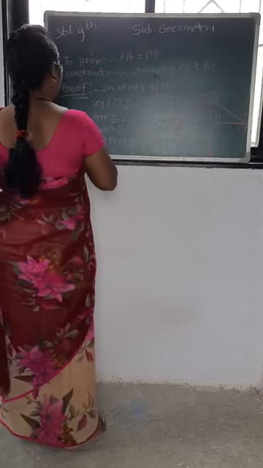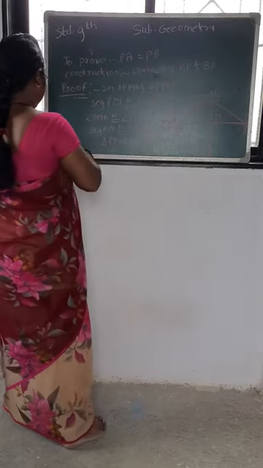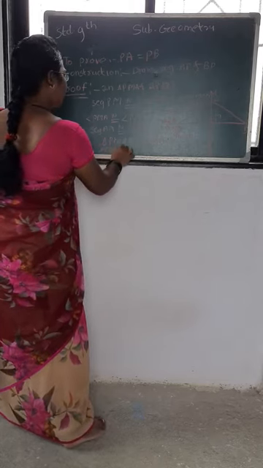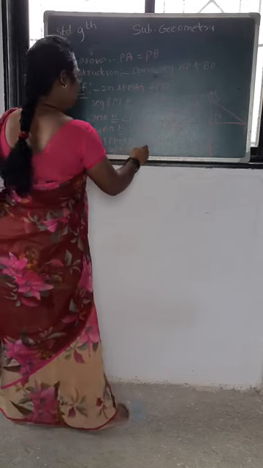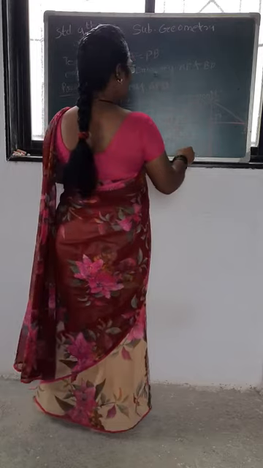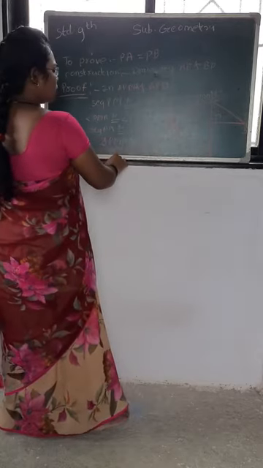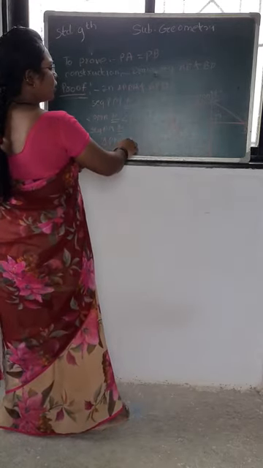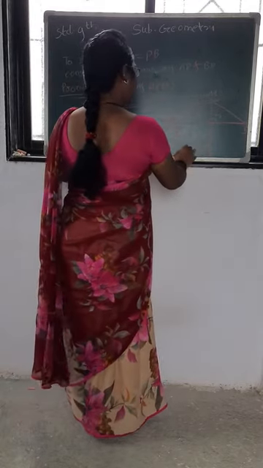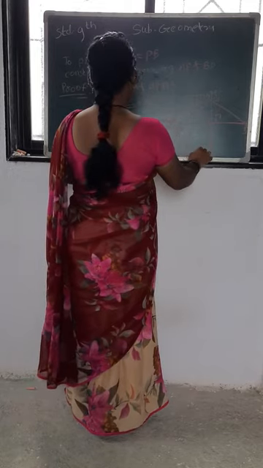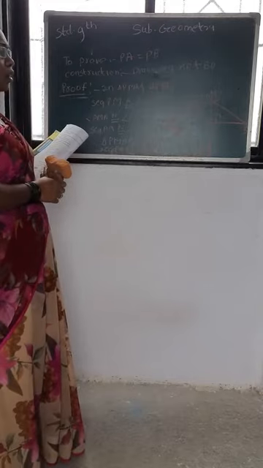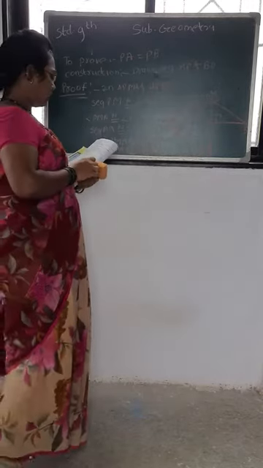Therefore segment PA is congruent to segment PB, congruent sides of congruent triangles.